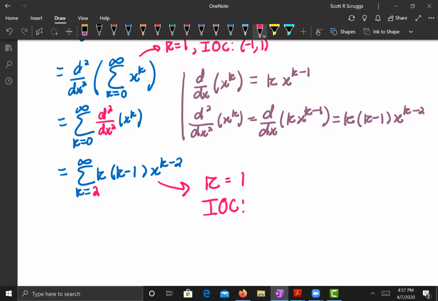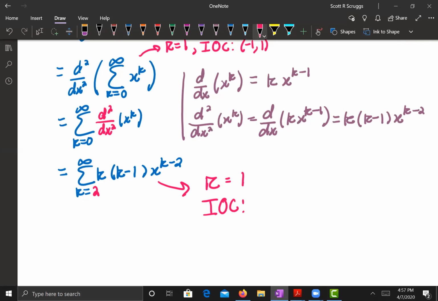For a power series, whenever I'm taking a derivative and a derivative again, I keep moving my index to 1 and to 2, mainly because when I take a derivative, I'm losing one of my terms, since one of my terms is a constant and the derivative of a constant is 0.